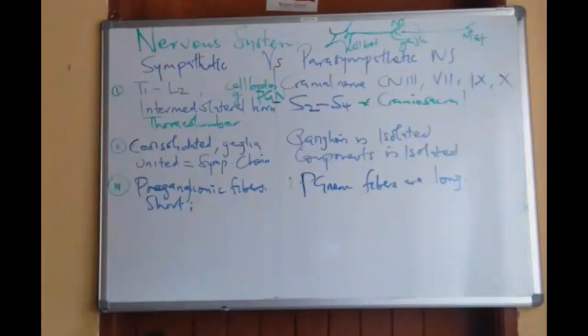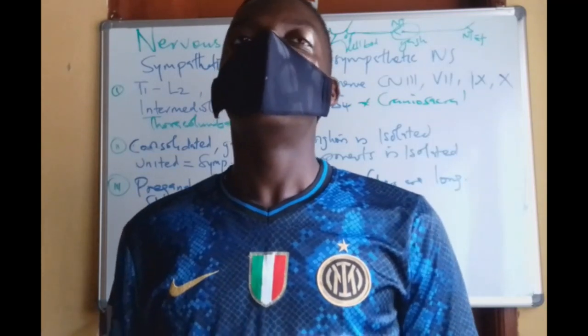These are found in the organs they innervate, for example the heart, the urinary bladder, the bronchi.